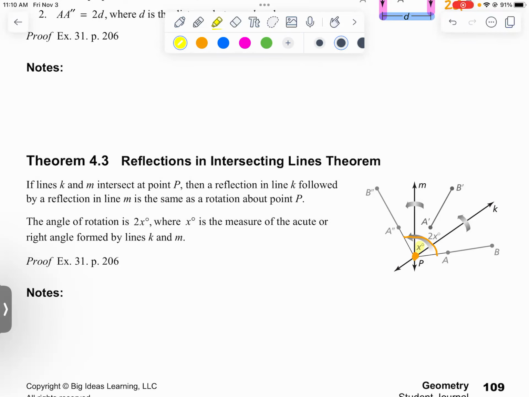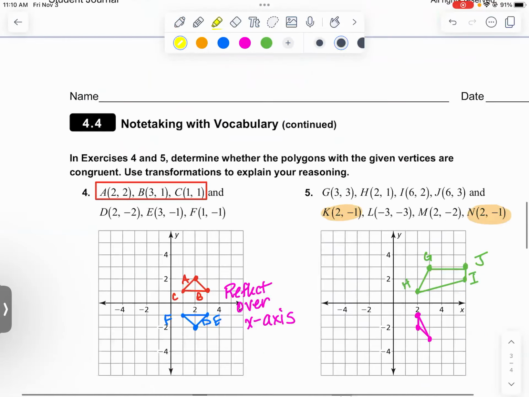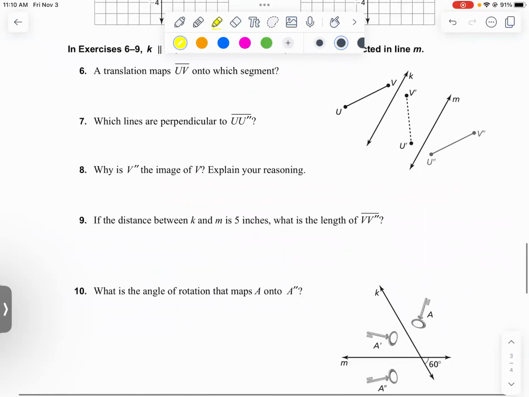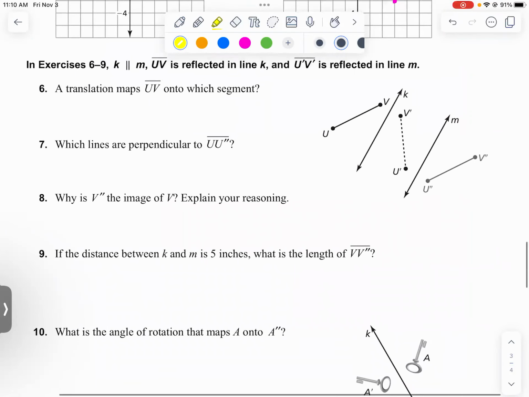Okay, so we're going to go back to page 111 and we're going to look at this right here. Okay, so if I'm talking about the segment UV and I say, hey, the translation? Which one is the translation?